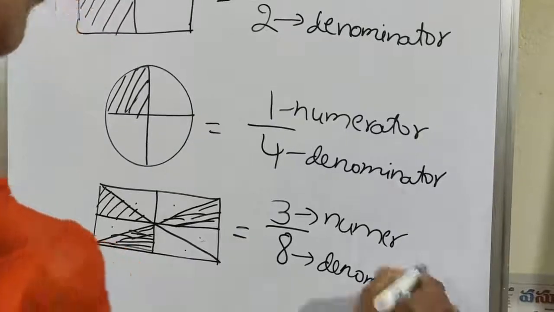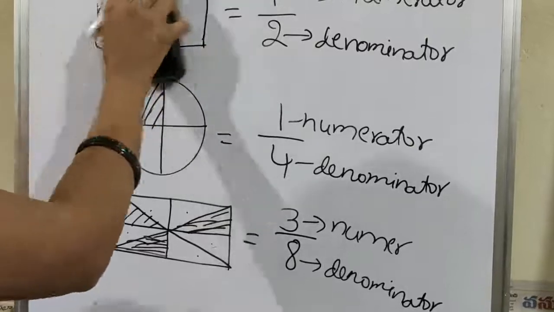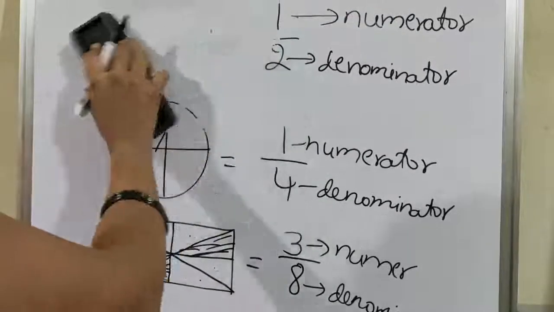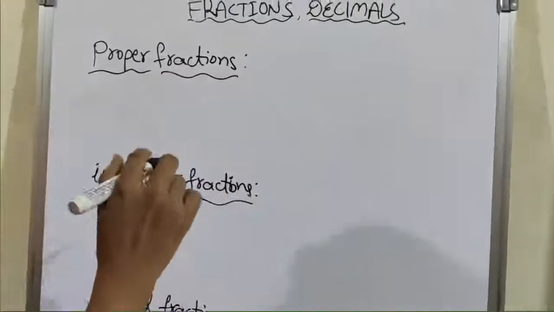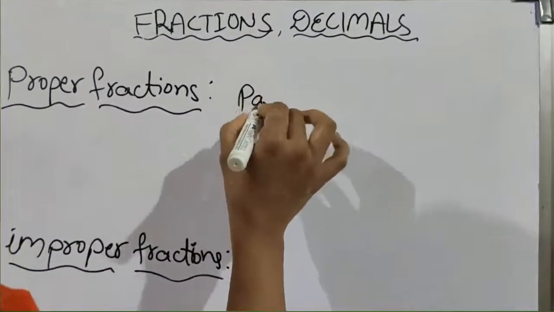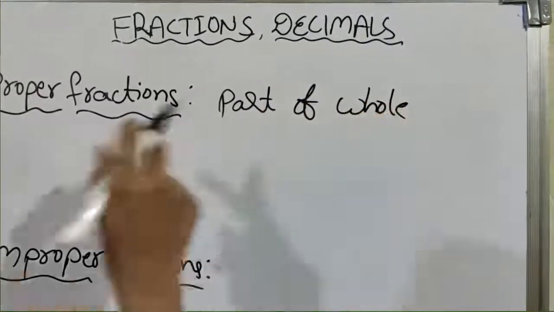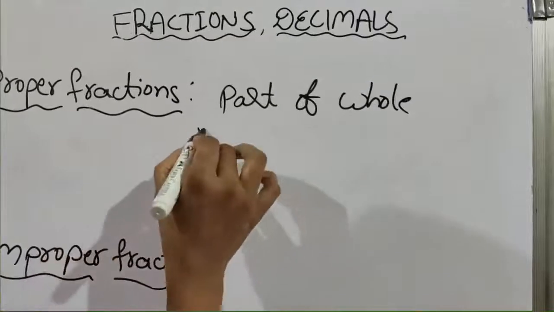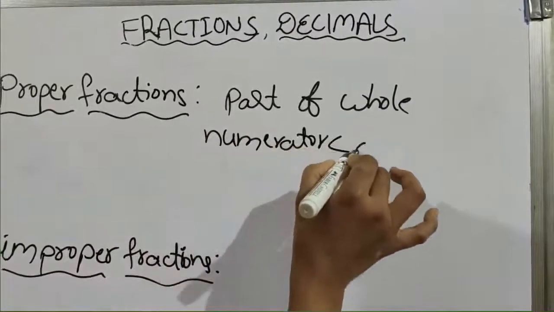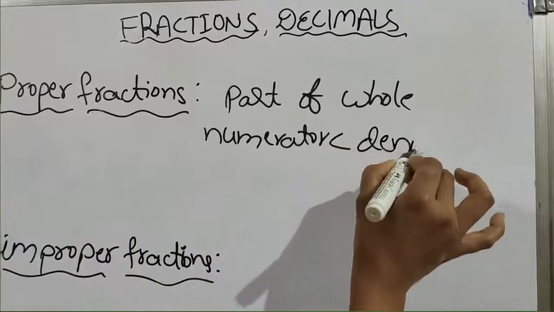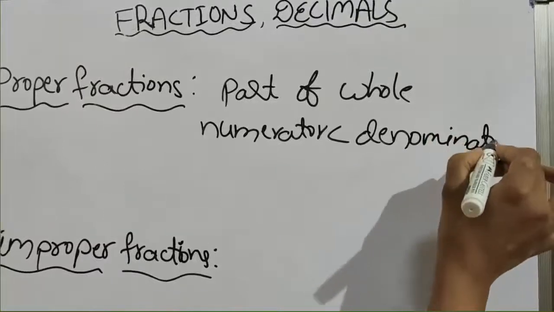Now, fractions are proper fractions, improper fractions and mixed fractions. Proper fractions represent part of a whole. In proper fractions, the numerator is less than the denominator.